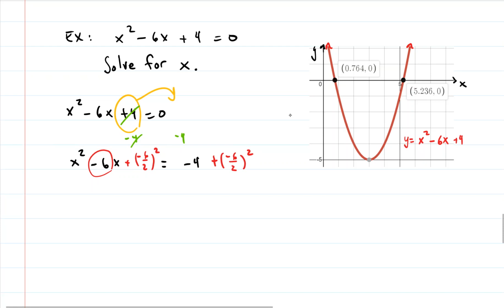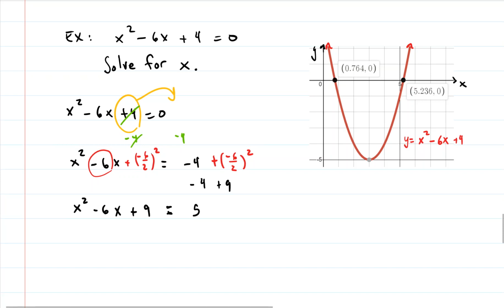Let's see what we have now. x squared minus 6x. -6 divided by 2 is -3, squared is 9. Equals -4 plus 9, which gives us 5.